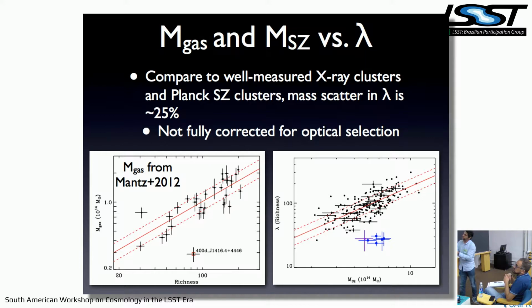But you can match it to other observations, for instance weak lensing, or the SPT, or the Sunyaev-Zel'dovich observatory, or X-ray, which give you some sort of another mass indicator, and see how richness behaves. The aim here is to try to reduce this scatter, or try to understand how this richness behaves with the mass.